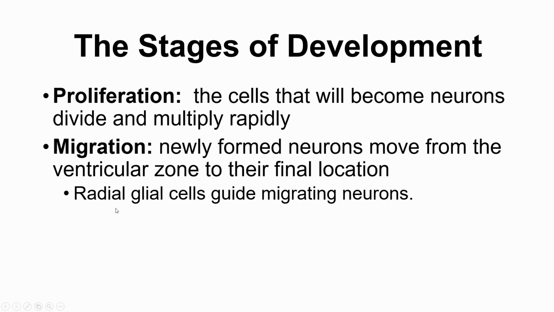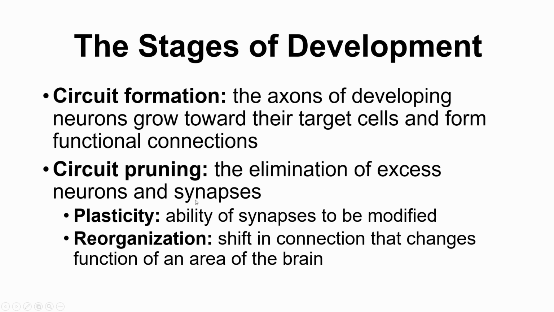So if neurons end up in the wrong place, then it's not so much of a big deal because they use what's around them to figure out what they should be doing. And we also have some mechanisms to get rid of errors and such, which we'll talk about just in a second here. The next stage we want to talk about is circuit formation.